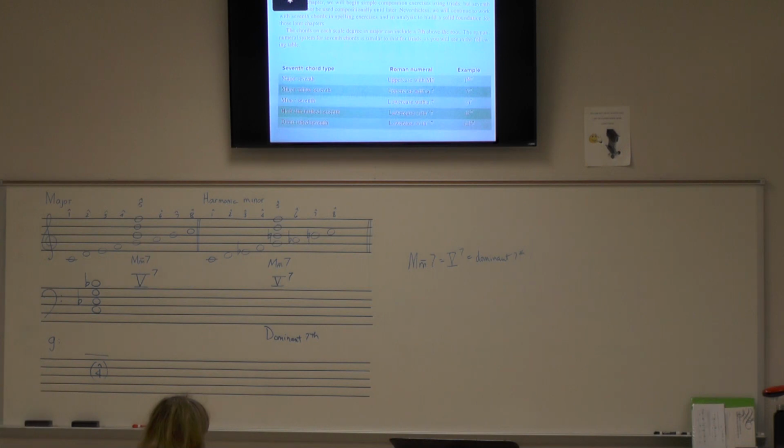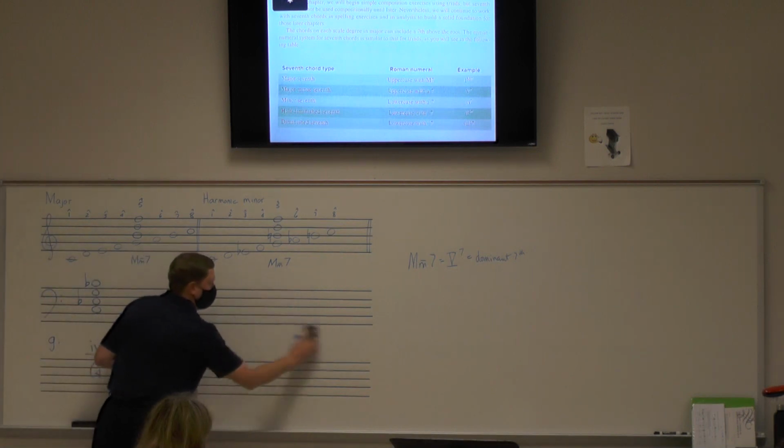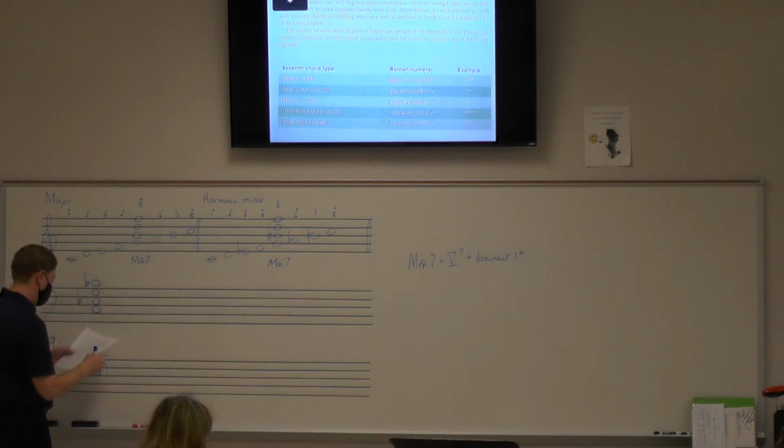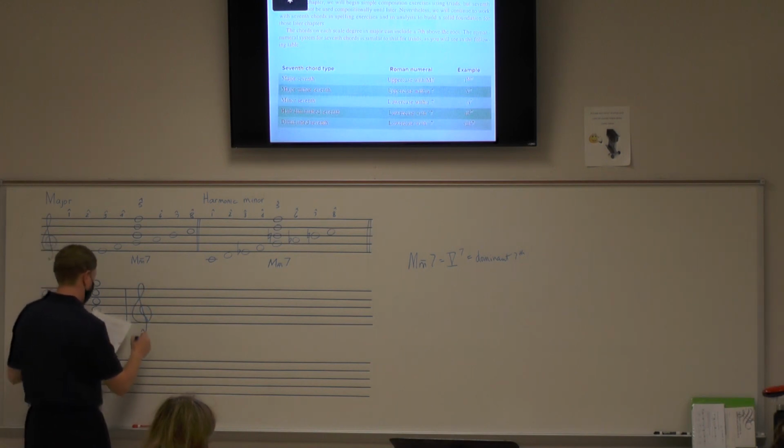A lowercase Roman numeral with a 7. So I'm going to write lowercase iv with a 7, and I'm done. Does that make sense how we got that? Okay. Let's try another one.